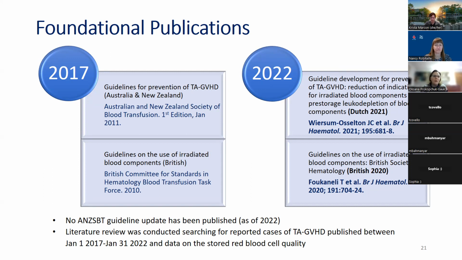It's important to note that although we did consult the Australian New Zealand literature that was published and inquired as to whether there was an updated guideline, indeed, no, there had not been as of 2022. So that's why we shifted to the Dutch and the British guidelines as our foundational sources.